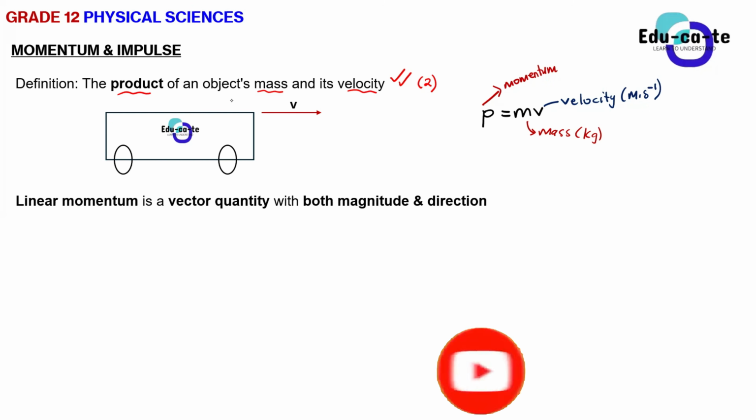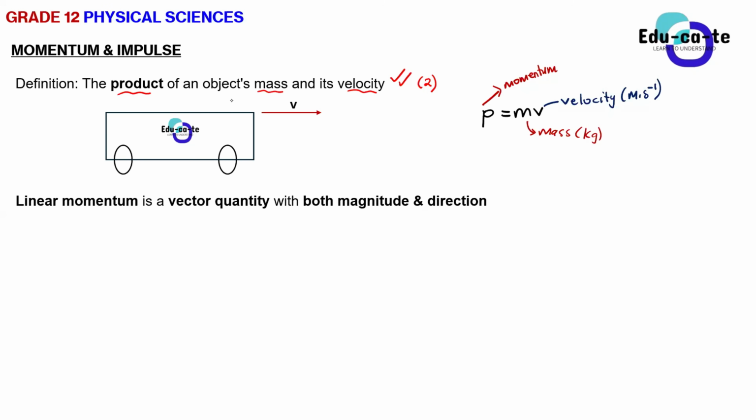Yes. I wanted to ask about velocity. It's measured in meters per second, right? But how do you convert from kilometers an hour to meters per second?